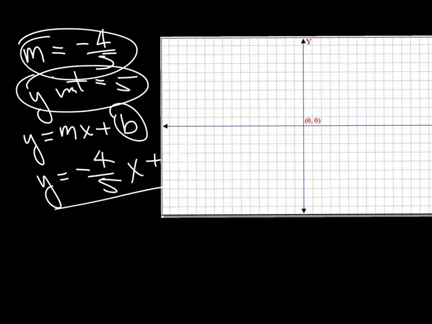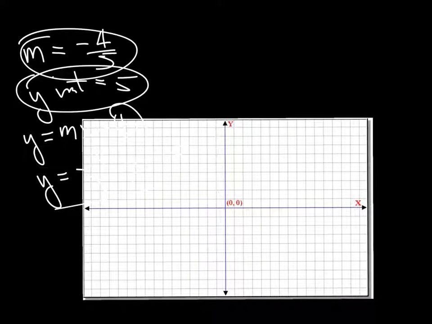Now let's graph it. To graph it, I have to have two bits of information: the slope and the y-intercept. The first thing I need to do is graph the y-intercept. The y-intercept is where the line crosses the y-axis. It says it's at 5, so it crosses right there. That gives me 1 point.